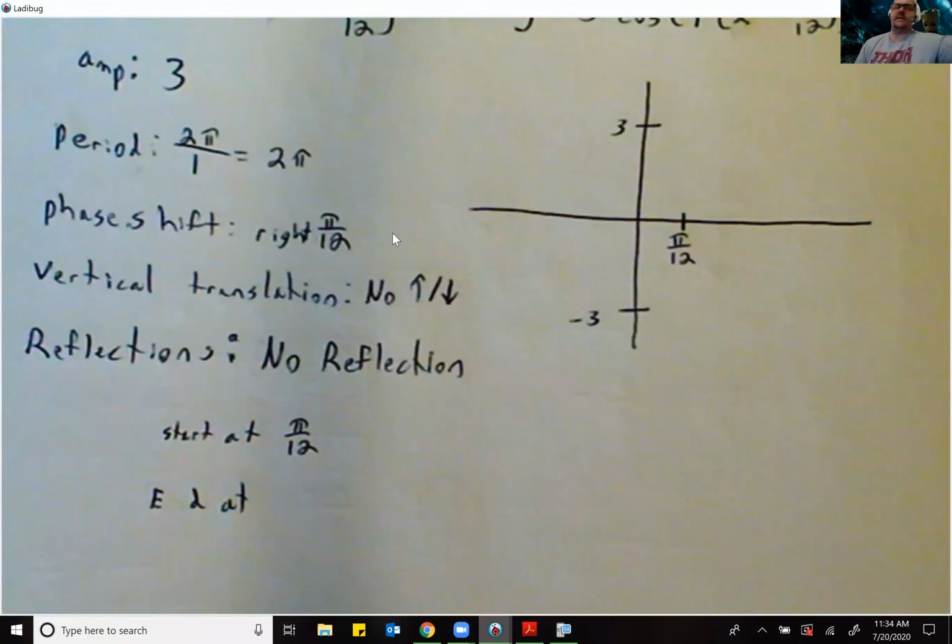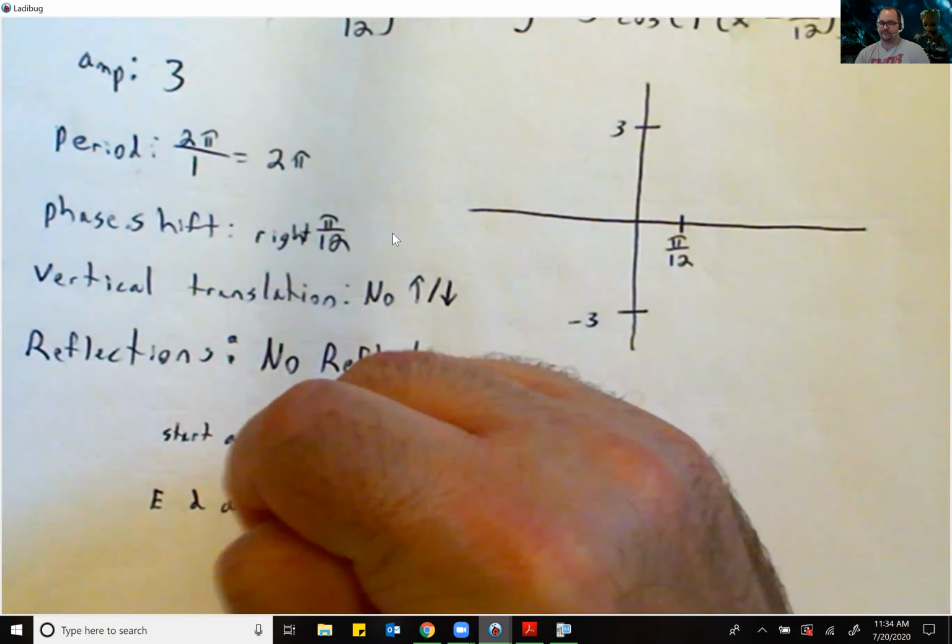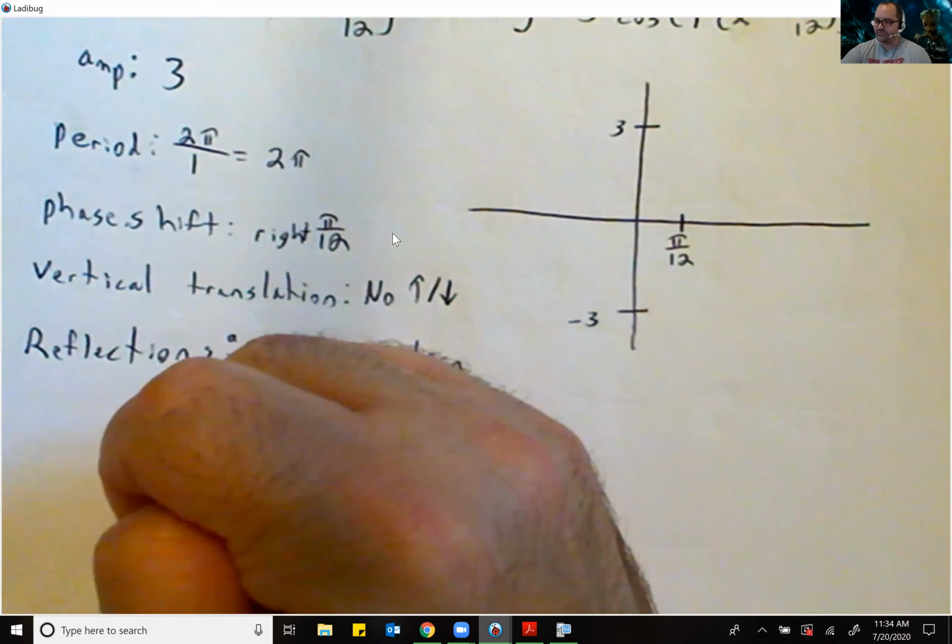So I'm just going to use my calculator. Again, you're not doing this by hand. You're putting in this information that I have right up here. So my graph should end at 1/12 plus 2, 25 pi over 12. So that's where my graph should end.